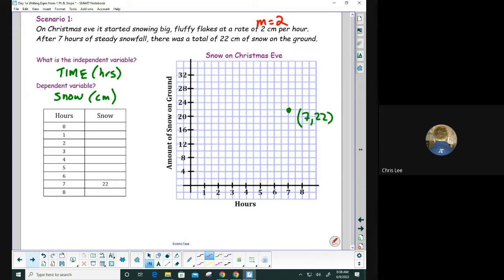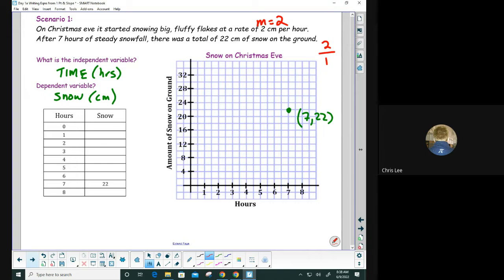So if I have 1 point on here and I know the slope, I can get another point. Let's do a slope of 2. A slope of 2 means rise 2, run 1. So from here, I want you to rise 2 and run 1. Now, be careful of your scale.